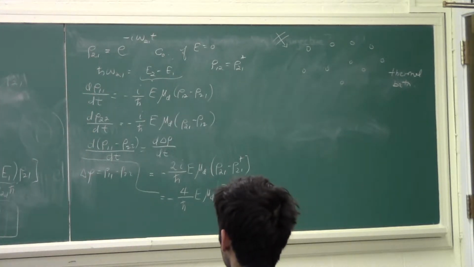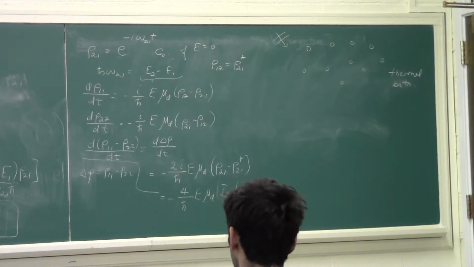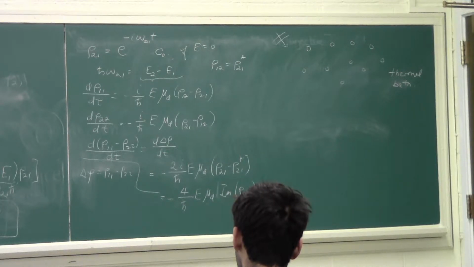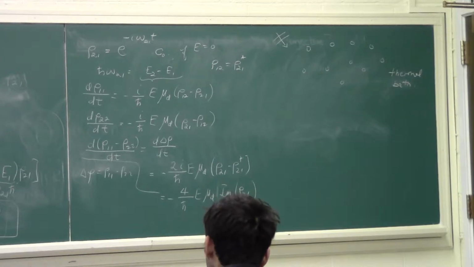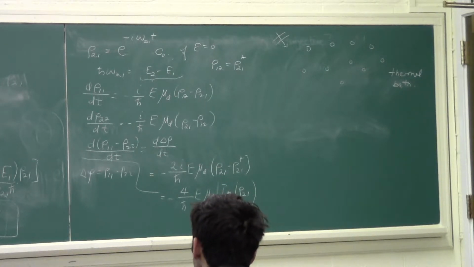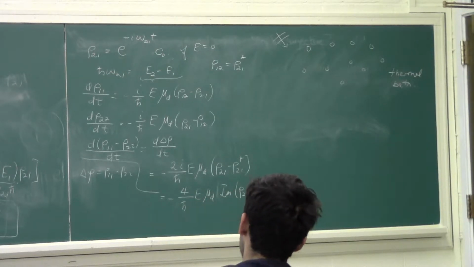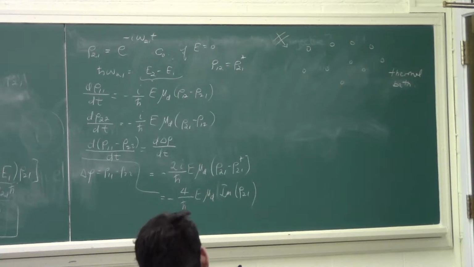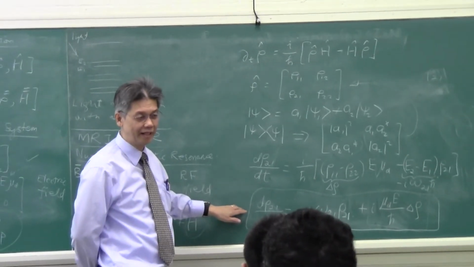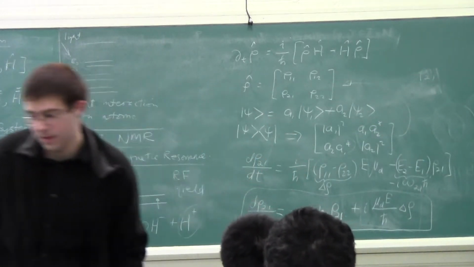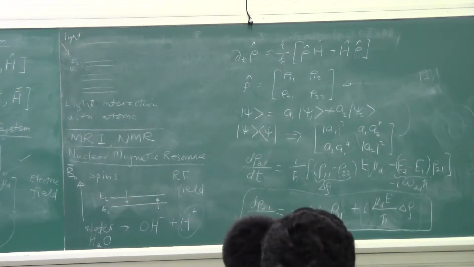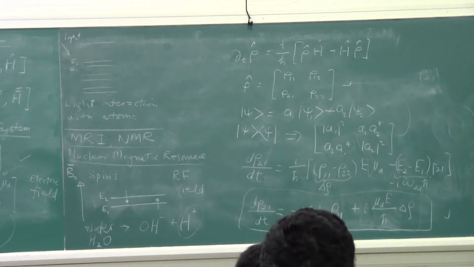What happens is that the thermal agitation between the atoms in the thermal bath will cause the system to lose correlation between the two energy levels. Okay? There will be some transition going from energy level 2 to 1 or 1 to 2 due to the fact that it's coupled to a thermal bath. So we will have to modify this equation, assuming that there's a thermal bath around. And so if there's a thermal bath, we change this equation by adding an additional term.